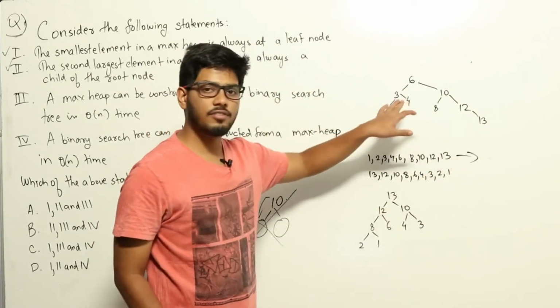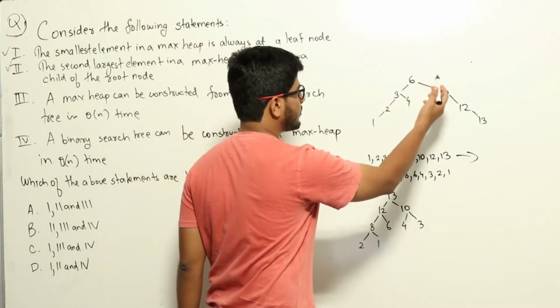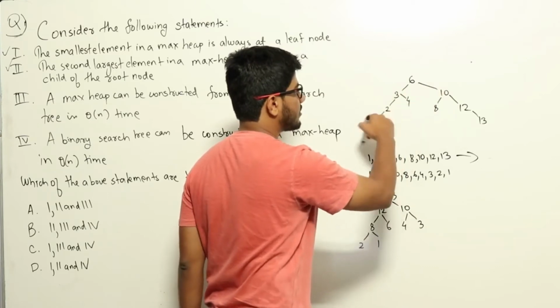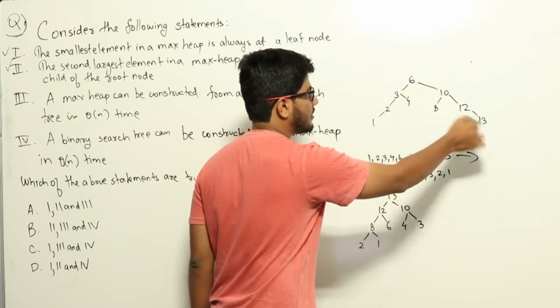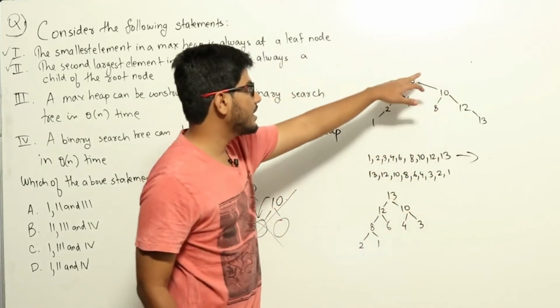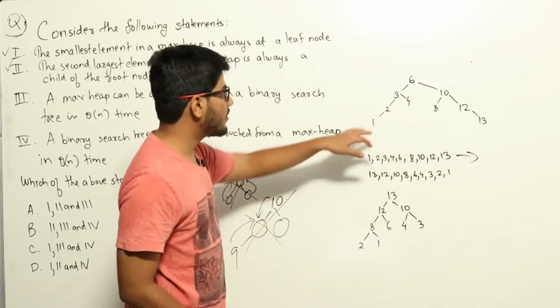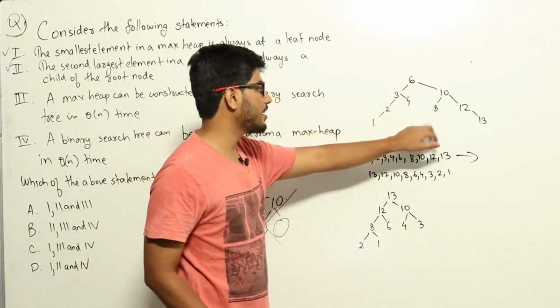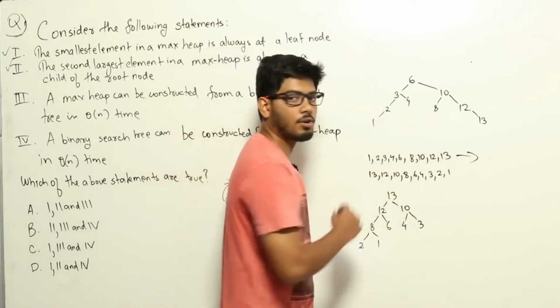Now in-order traversal of a binary search tree can be done in theta n time. How we do it is using recursion: we call in-order traversal of the left subtree, print the root node, and then in-order traversal of the right subtree. In that way each node will be traversed exactly once, which takes theta n time. So in-order traversal of a binary search tree takes theta n time, and gives all the elements in sorted order.